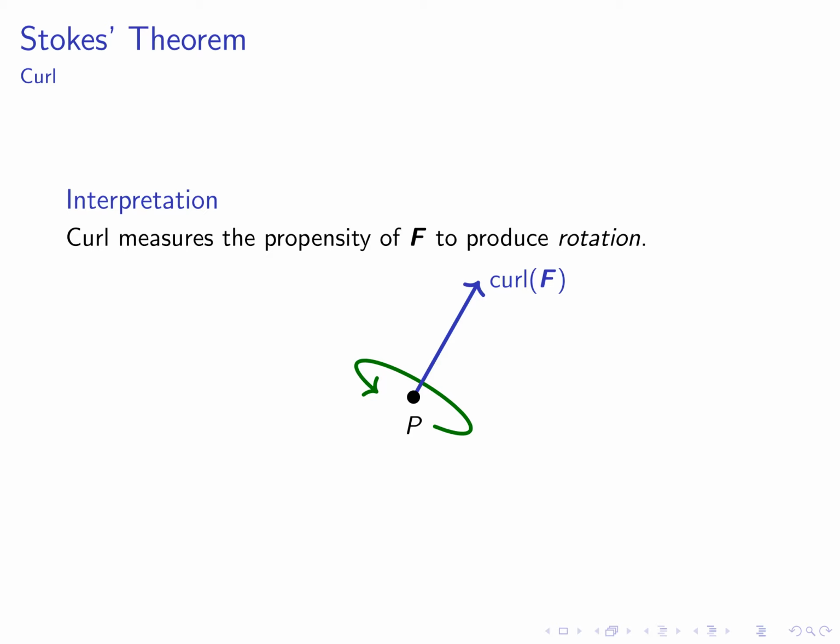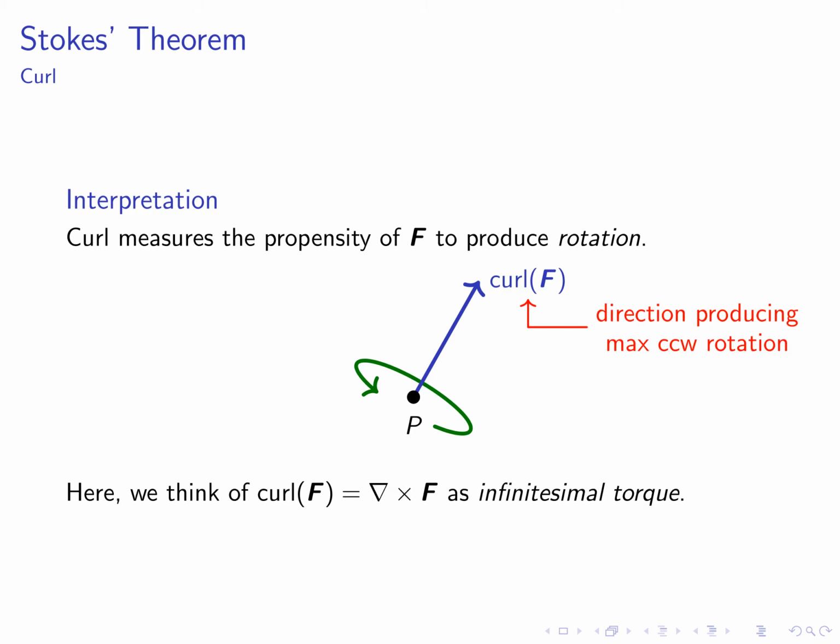So here, since curl is given by the cross of the del operator with the vector field, the way that I like to think of interpreting curl is as some sort of instantaneous torque or infinitesimal torque.